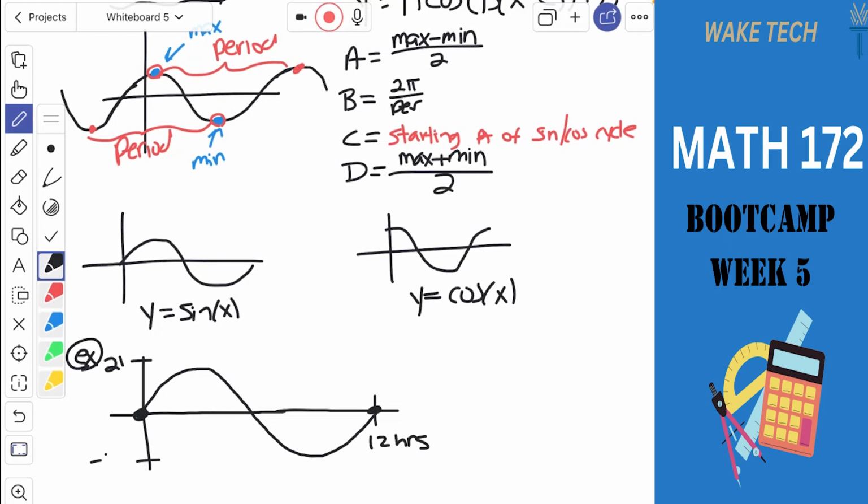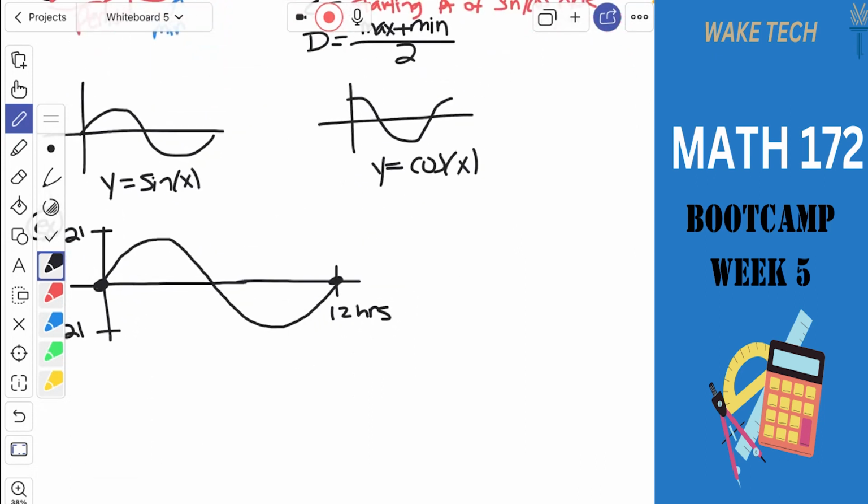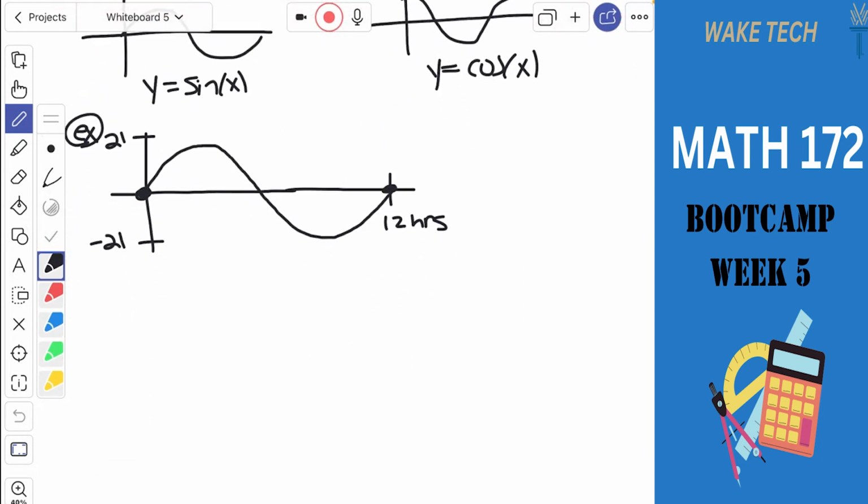The lowest tide is at 21 feet below sea level. Our task is to write an equation that represents these tides, so we need to write a function by figuring out A, B, C, and D.